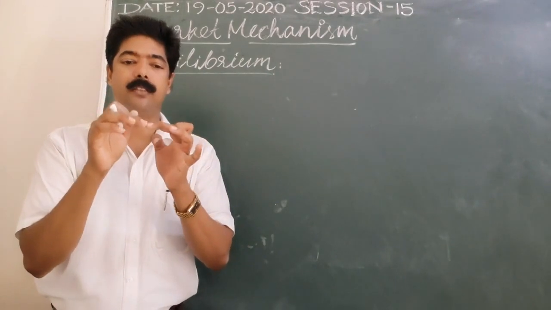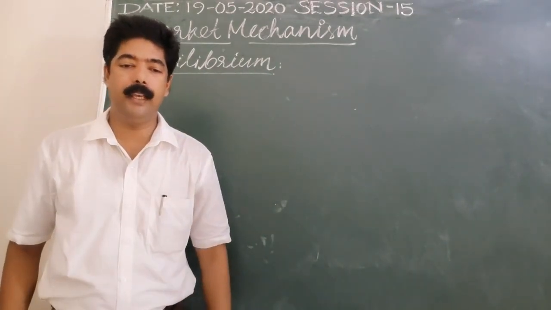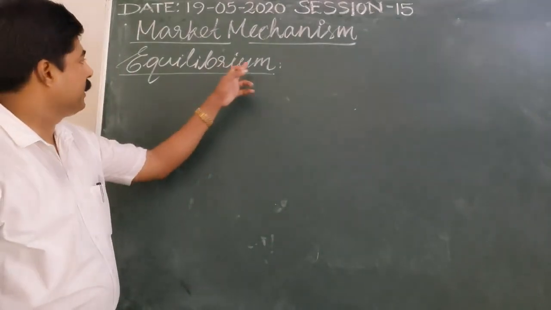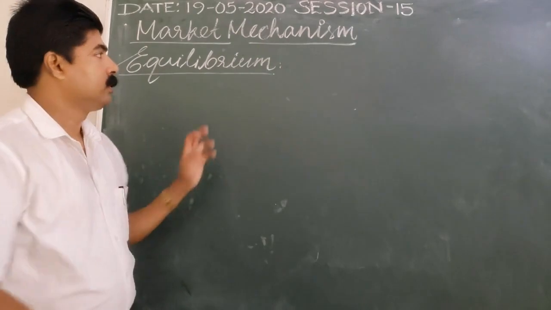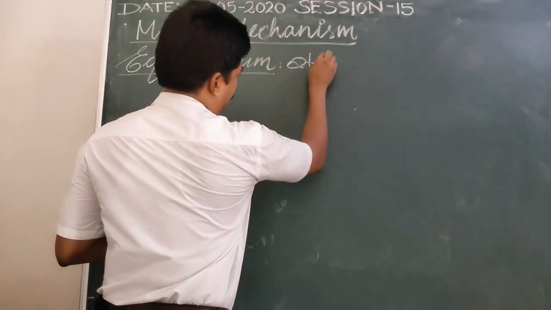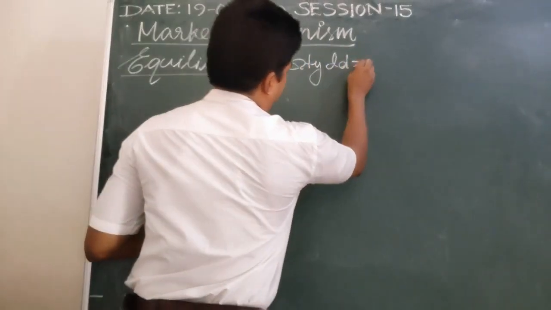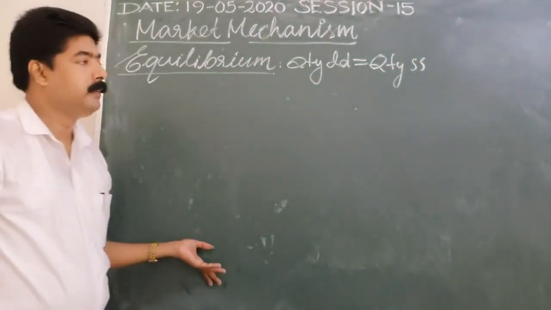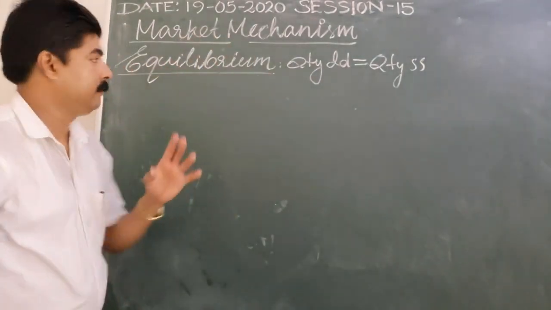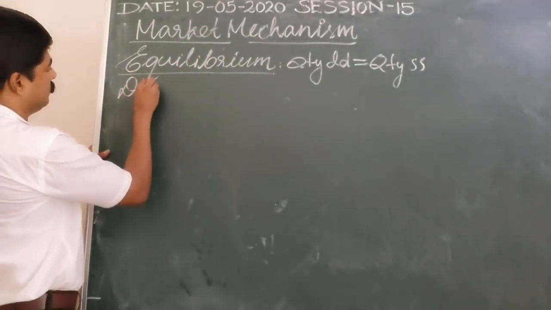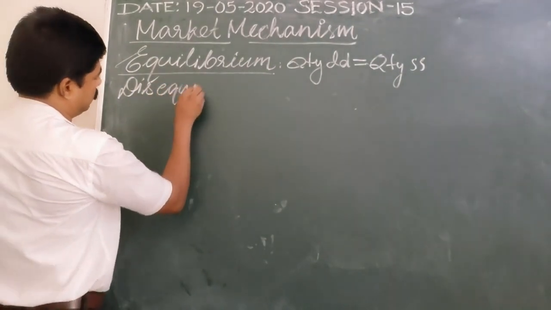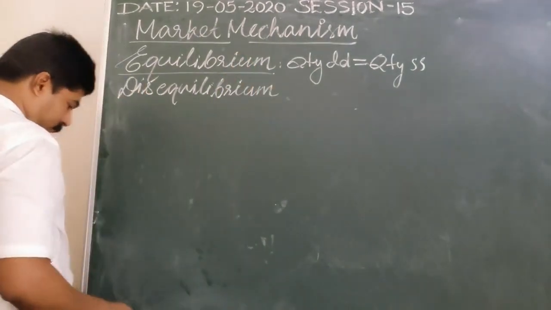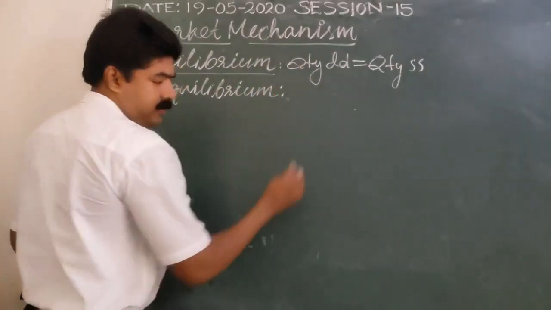Then that situation is known as equilibrium. So equilibrium means quantity demanded is equal to quantity supplied. Then what about disequilibrium?